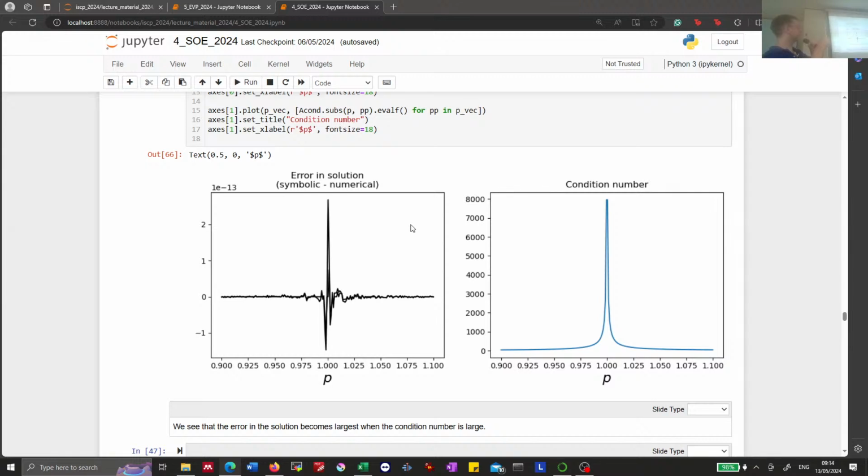A p-value of 1 gives us the largest errors, and we compare this to the p-value over the condition number of our 2x2 matrix, and we see that yes, the condition number spikes at p equal 1, but is rather low at smaller or larger values of p. So far, so good?